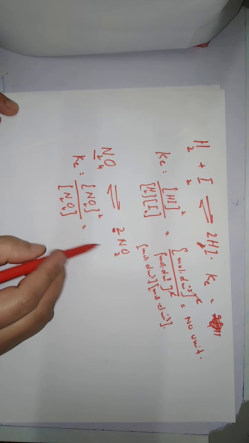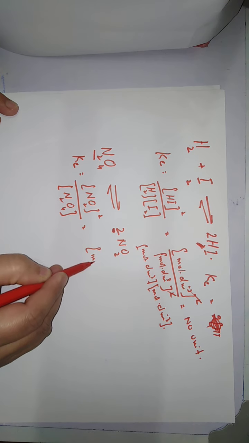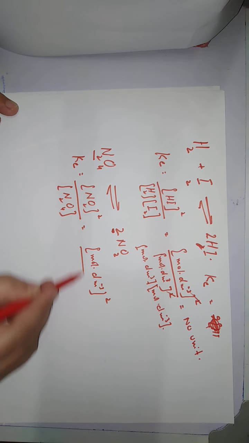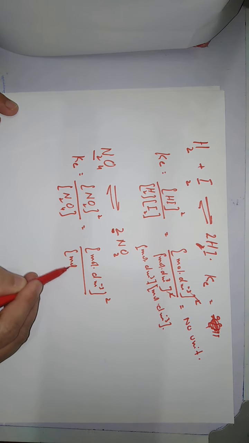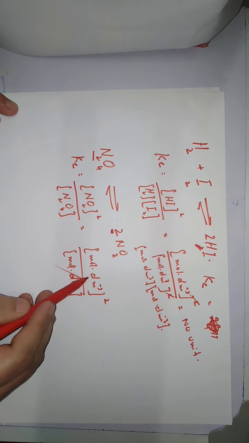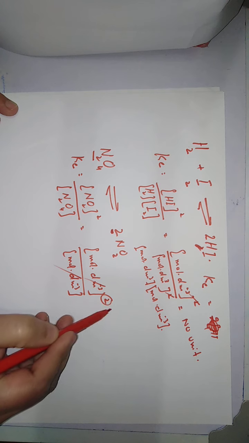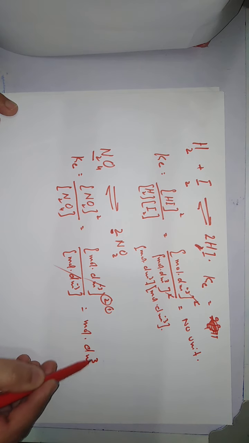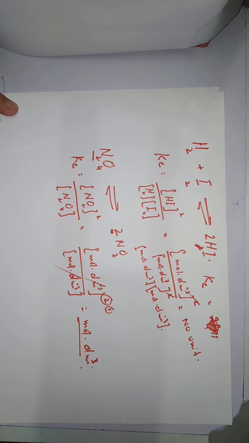If you put in their concentrations, mole per decimeter cube squared over mole per decimeter cube, then one of them cancels, and only one is left, that is mole per decimeter cube. So this is the unit for this chemical reaction when the amount of product is greater than the amount of reactant.